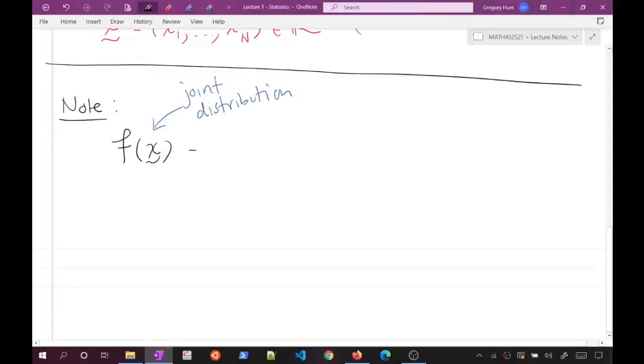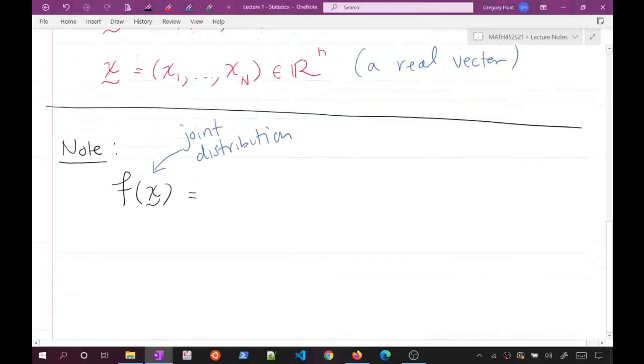And the joint distribution, of course, is evaluated at some number. So we may have seen this previously, it's f of x1 to xn, right? I'm just going to be lazy and write f of x tilde because I don't want to write x1, x2, etc. Again, capital N. This is my joint distribution. This is the same joint distribution in different notation.